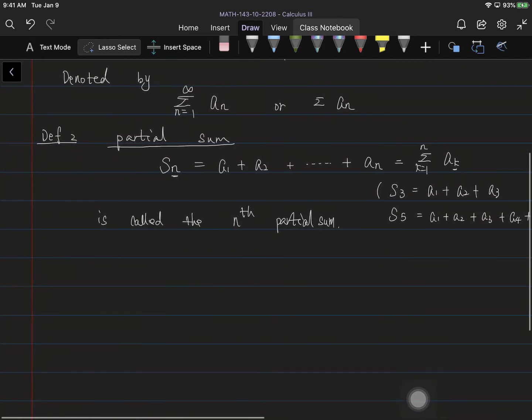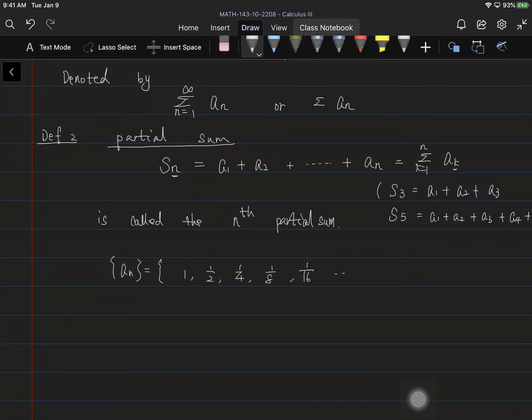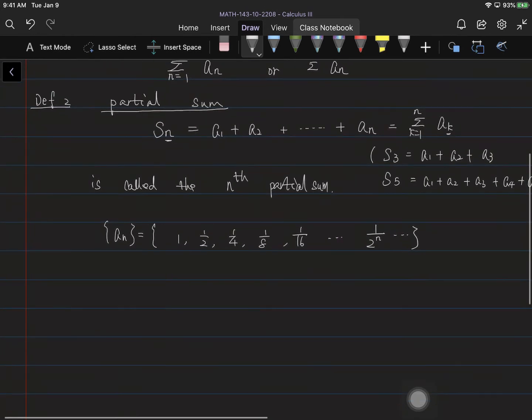Now let's take a look at this series. Here we have a sequence given by this one, an equals 1, 1/2, 1/4, 1/8, 1/2 to the n. We know this is a sequence because this is a list of all those numbers, right?